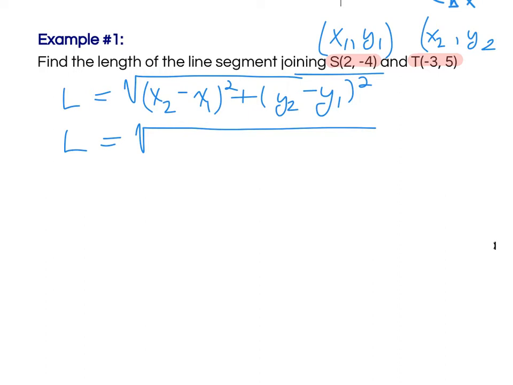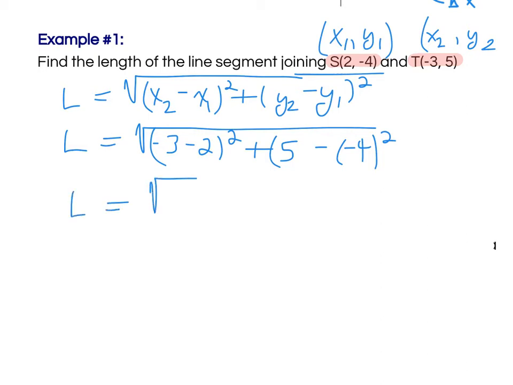So x2: -3 minus 2, all squared, and y2 is 5 minus -4. Just be careful about those negatives, squared. I'm guessing if you went wrong, that may have been where. So that will give me (-5) squared and 9 squared.